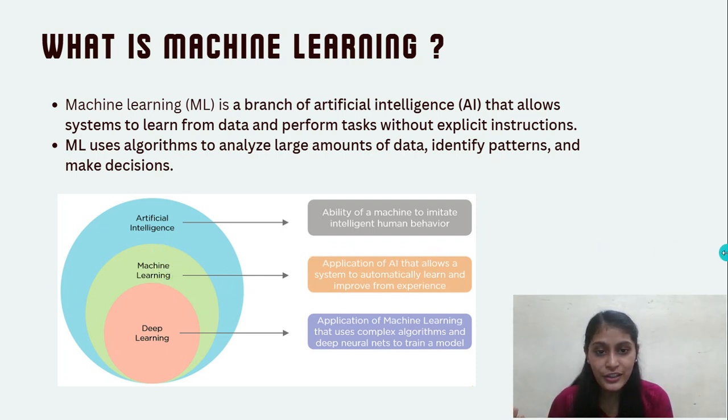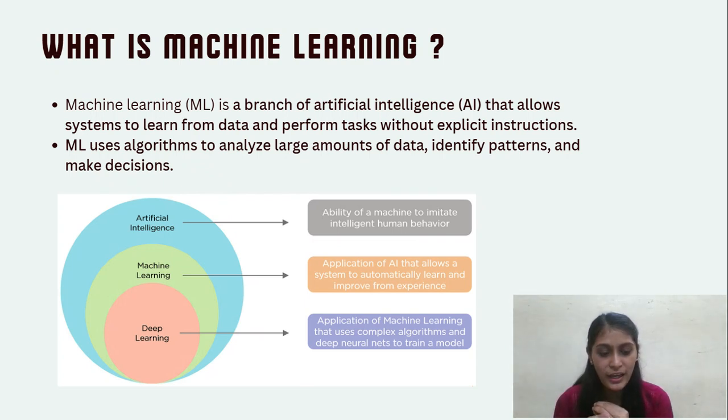In machine learning we allow the machine to learn from the data and perform tasks without explicit instructions. Machine learning uses algorithms to analyze large amounts of data, identify patterns and then make decisions. Mainly, machine learning is for making decisions by a machine.